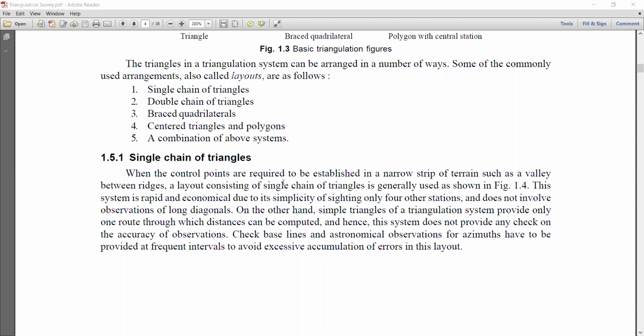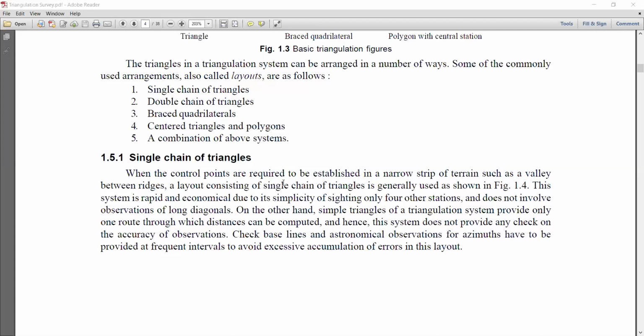Here, since it is triangular in shape, only three stations are observed, and these simple triangles provide only one route through which we compute the distance. Hence, the system does not provide any check on the accuracy of observation.